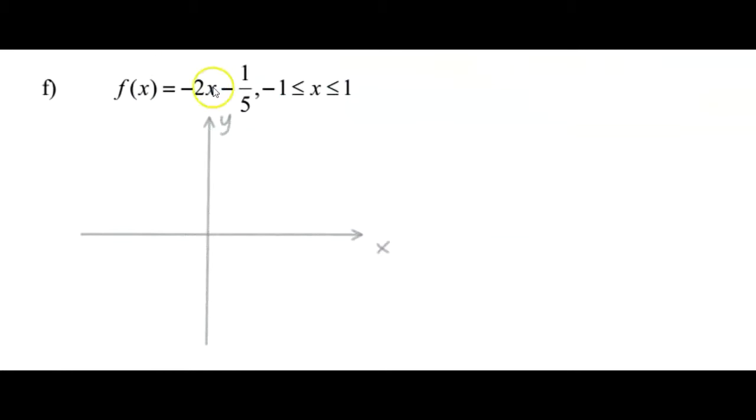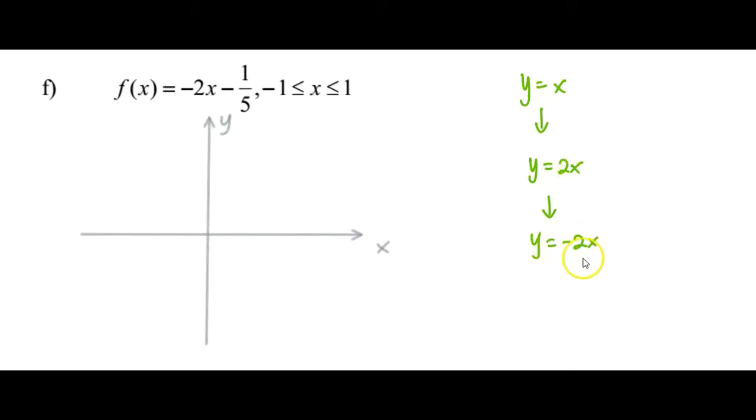All right. For this example, I'm going to sketch from my basic graph, y equals x, followed by y equals 2x. I see the gradient over here is 2x, meaning that compared to the graph of y equals x, it will be steeper. And followed by y equals negative 2x.